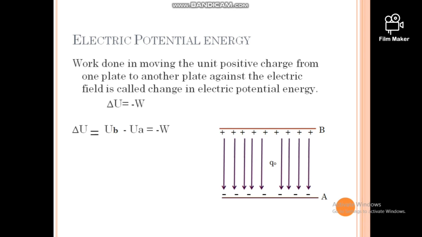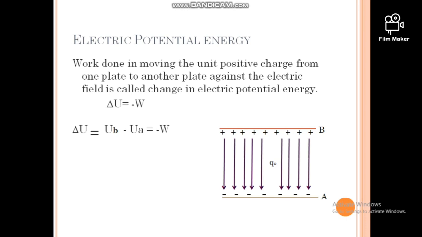The electric potential energy at plate B is defined as the amount of work done in moving the unit positive charge from infinity to that plate.